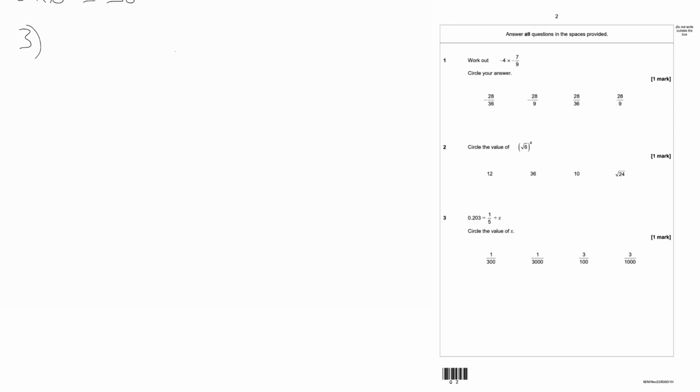So for question 3, we are told that 0.203 is equal to a fifth plus x. And what we want to do is find the value of x. So let's rearrange this and move that fifth across to the left-hand side. So we have 0.203 minus 1 over 5 equals x. Now let's rewrite this fraction 1 over 5 as a decimal.